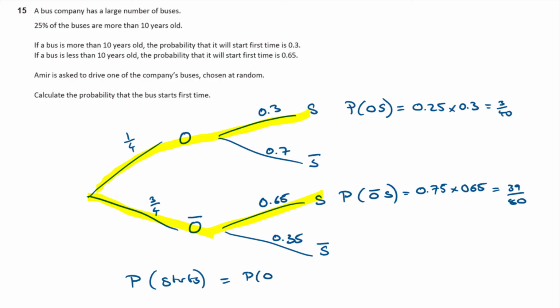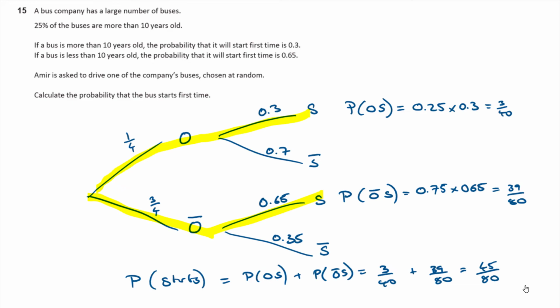So it's the probability of old and starts plus the probability of not old and starts, which is 3/40 plus 39/80. Now 3/40 is the same thing as 6/80, isn't it? So 6/80 plus 39/80, that's 45/80. Okay, so that's my probability, 45/80.